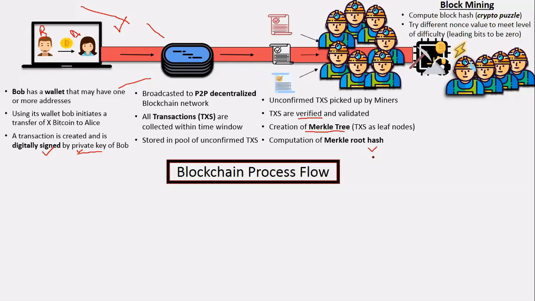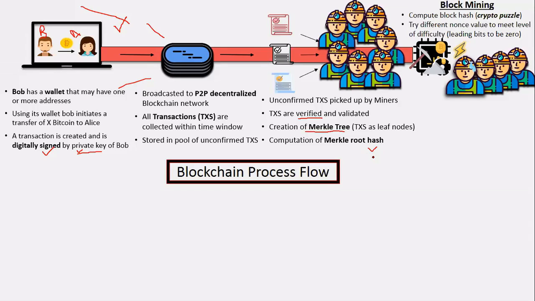And the difficulty level is how many initial leading bits the system wants to be 0. If the n bit, which is a representation of the difficulty level, is 10, that means the system right now wants a block hash such that the first 10 bits of the hash value should be 0.